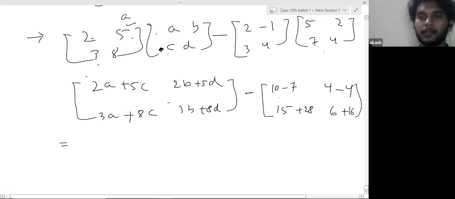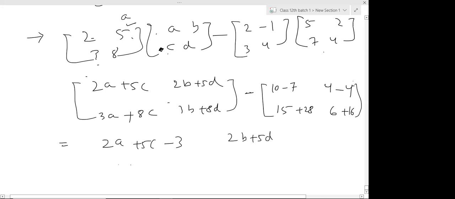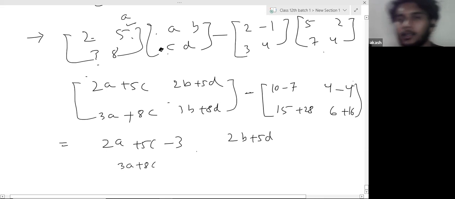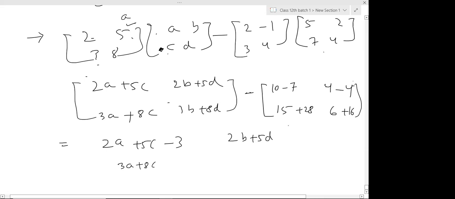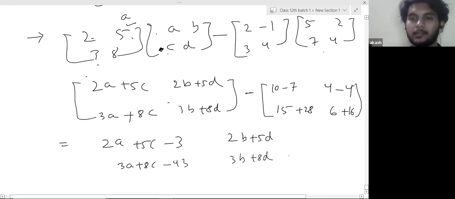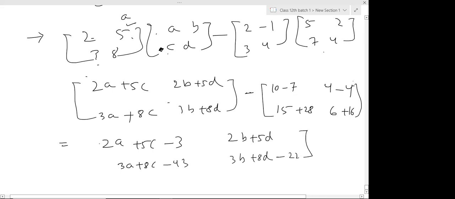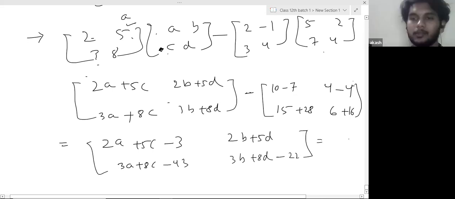If you subtract them, this becomes 2A plus 5C minus 3, this becomes 2B plus 5D plus 0, and this is 3A plus 8C minus 43, and this is 3B plus 8D minus 22, and this is equal to 0, 0, 0, 0. All right.